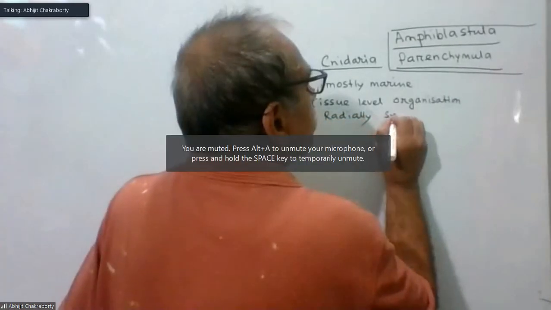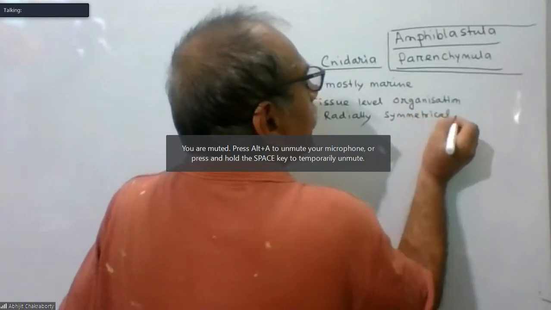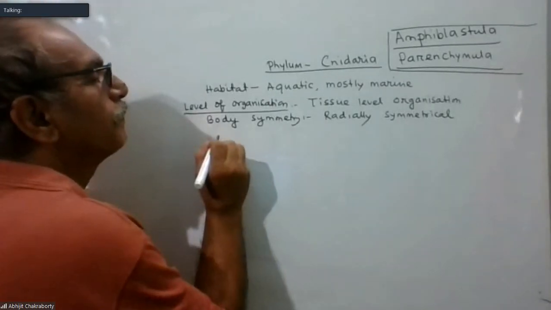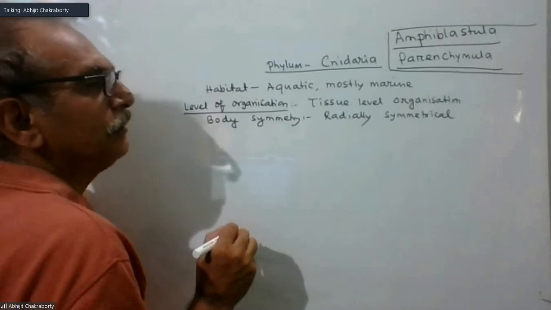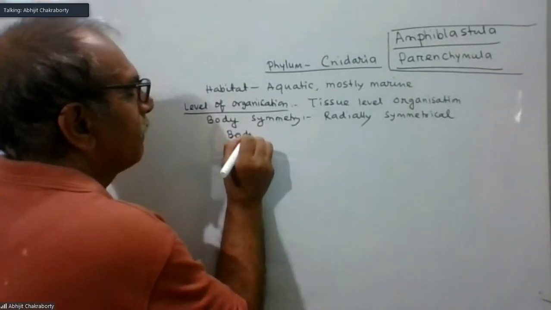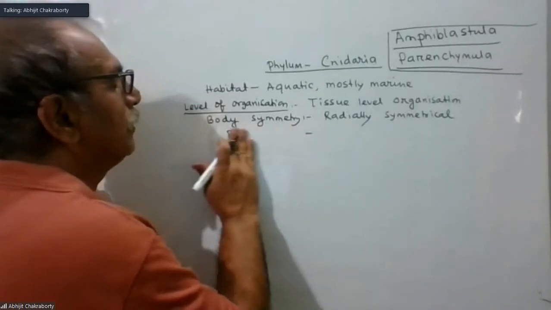Body symmetry: radially symmetrical. Habitat, level of organization, body symmetry. Then body cavity, or number of germ layers.